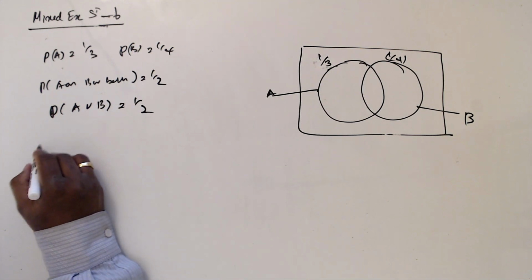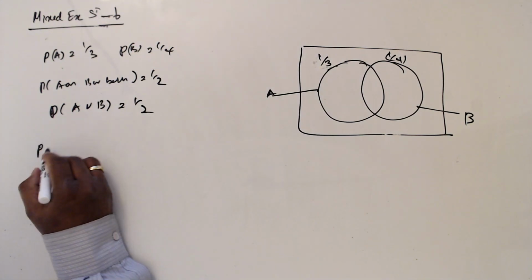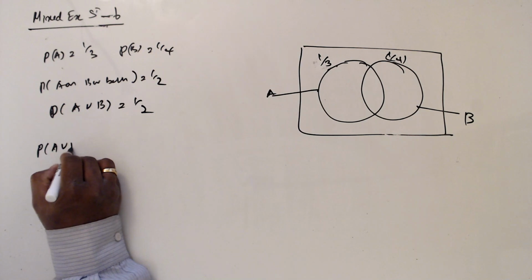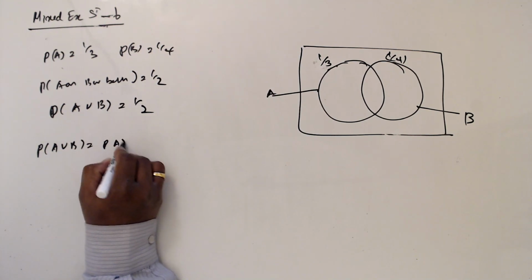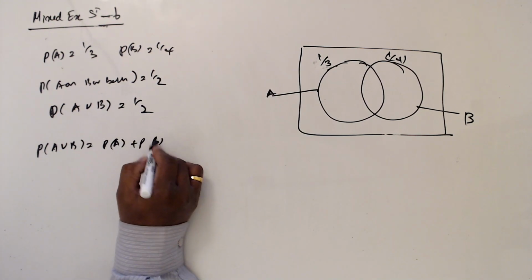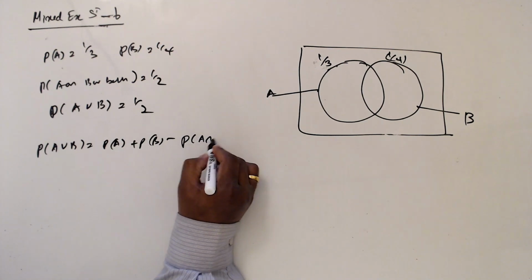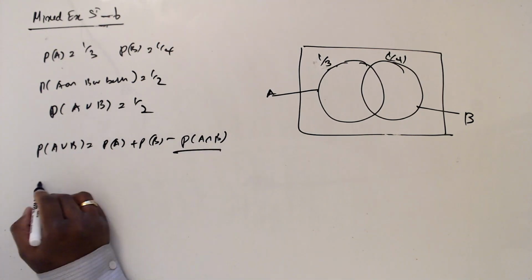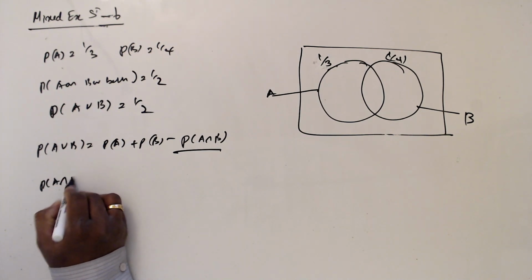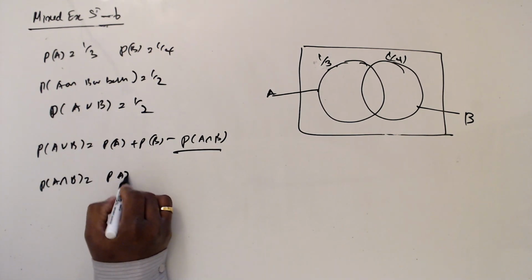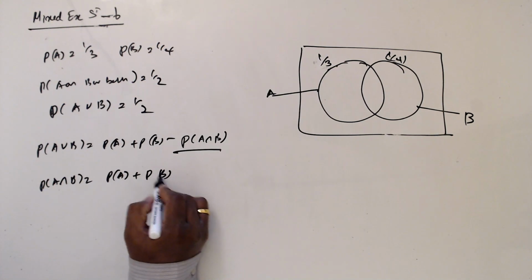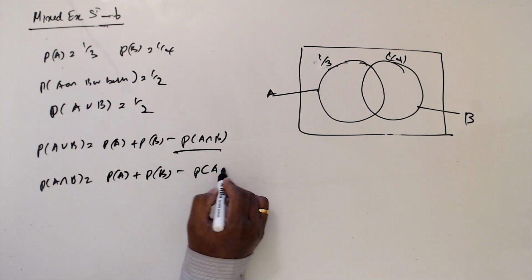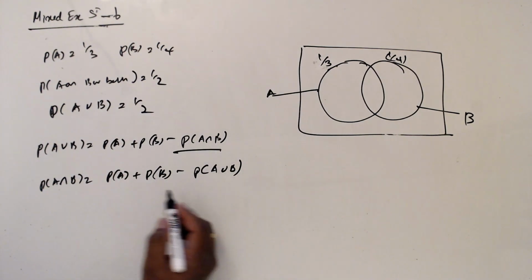So the formula is probability of A union B is P(A) plus P(B) minus P(A intersection B). So now we need to find P(A intersection B). So P(A intersection B) is P(A) plus P(B) minus P(A union B).